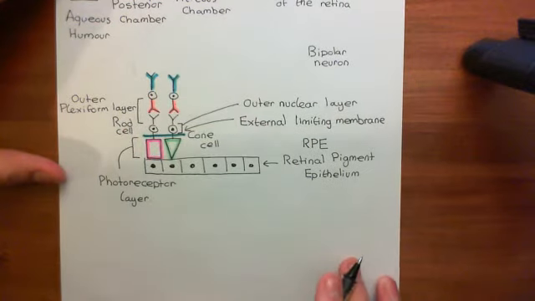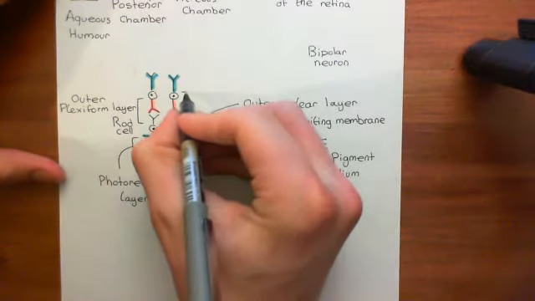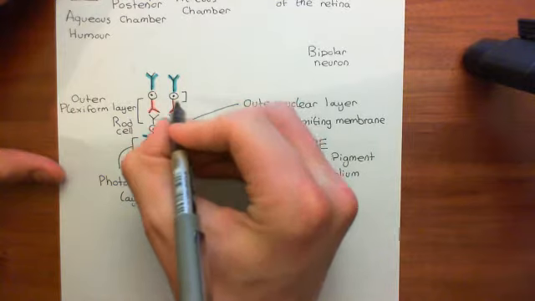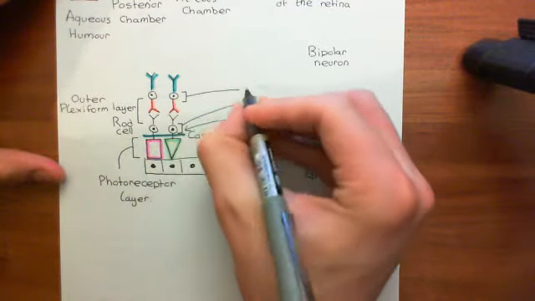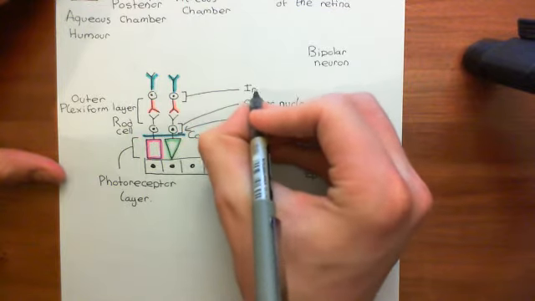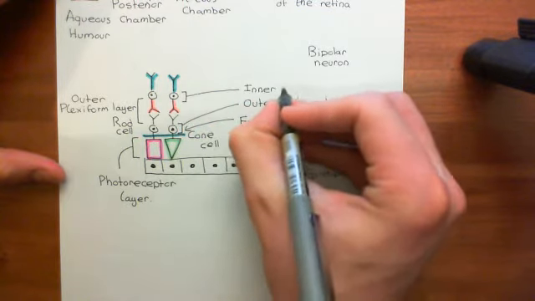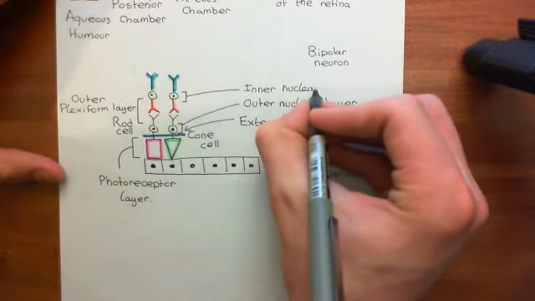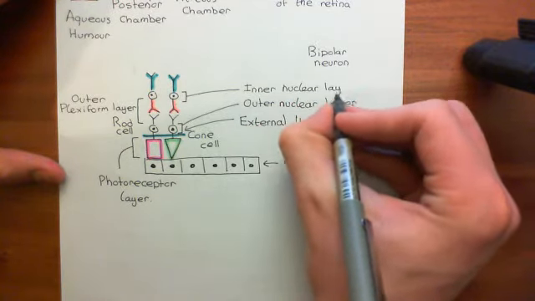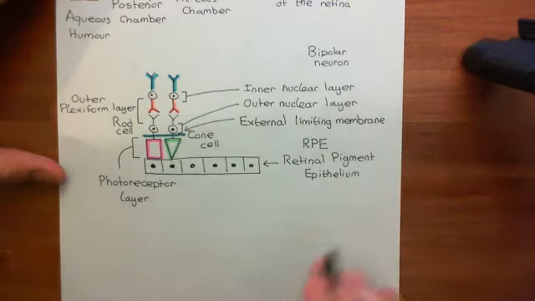Okay, so this is the outer plexiform layer. Then this next layer of cell bodies that you have here, which is the cell bodies of all of the bipolar neurons, this is called now the inner nuclear layer. So we've seen the outer nuclear layer, and now towards the inside, we've got this inner nuclear layer, which consists of the cell bodies of the bipolar neurons.